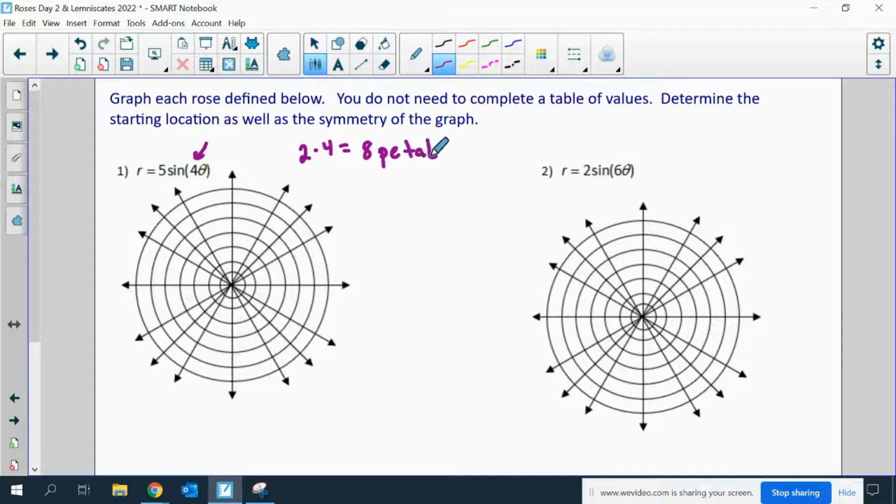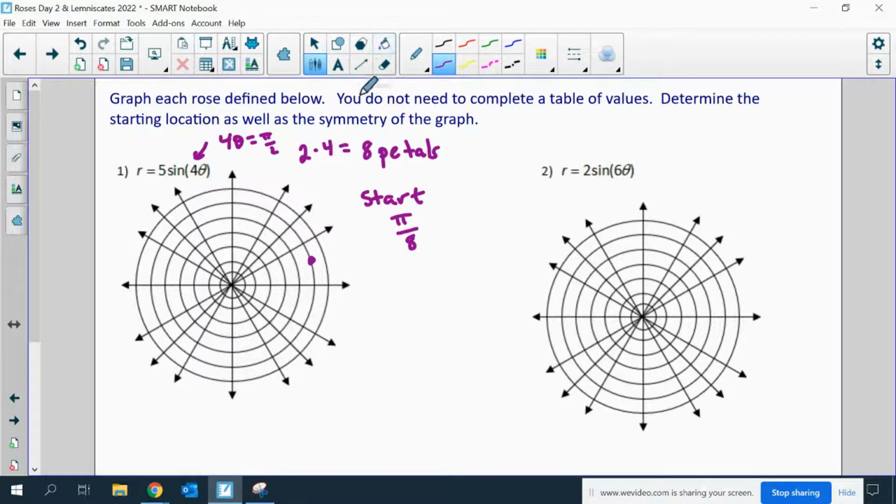So I have 8 petals. And if I want to figure out where I start on a sine graph, since sine graphs do not start on the horizontal axis, I have to figure out where this would equal pi over 2. So 4 theta equals pi over 2 at pi over 8. So I start at pi over 8.